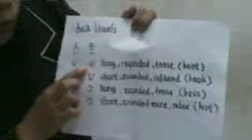Okay, and the last is the back vowels. For the first, it is long, rounded, and tense. For example, good. And then the second one is short, rounded, and relaxed.